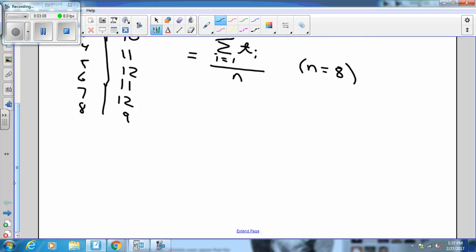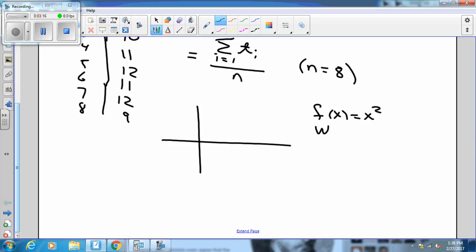Now if I ask you this question. f(x) equals x squared. What is the average value of f on the interval 0 to 3? Huh. That's interesting.